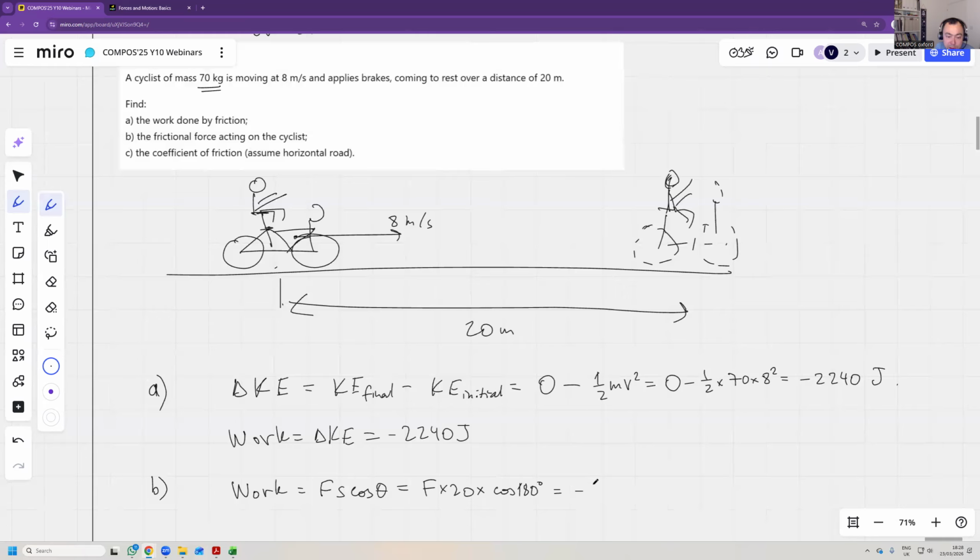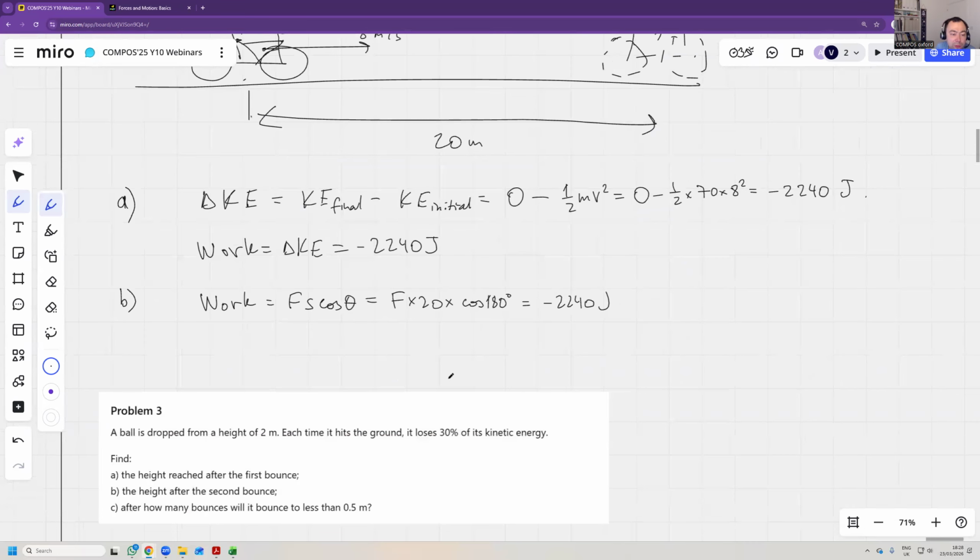That's equal to minus 2240 joules. Therefore, F is equal to minus 2240 divided by negative 20, which is 112 newtons, the frictional force.